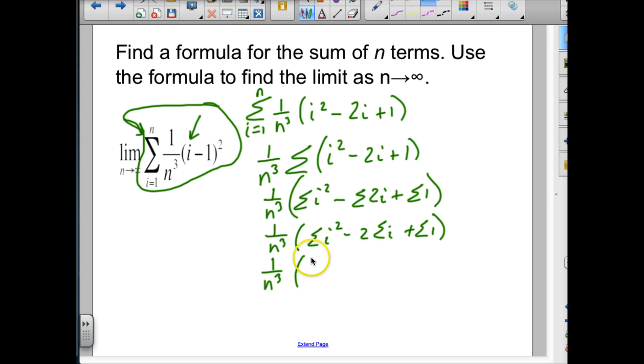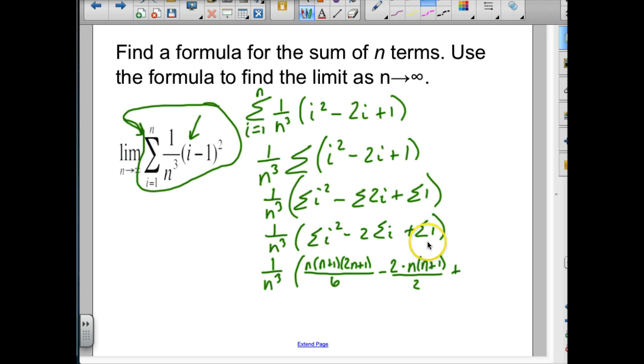The summation of i squared is n times n plus 1 times 2n plus 1 all over 6 minus 2 times the summation of i, which is n times n plus 1 over 2 plus the summation of the constant.